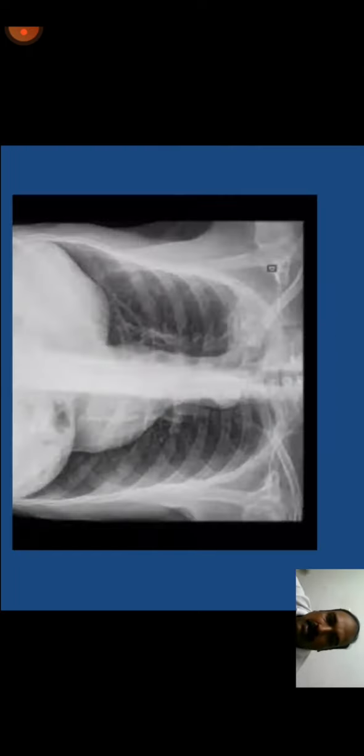Okay. So that is one of the indicators. This is an occasional finding. But when you find that, you should be looking into the kidneys and the lungs also. Anything?